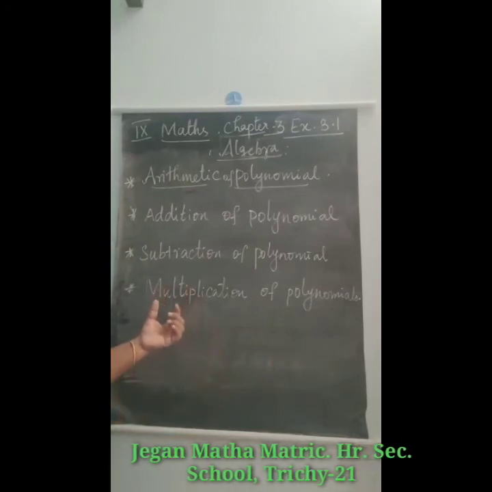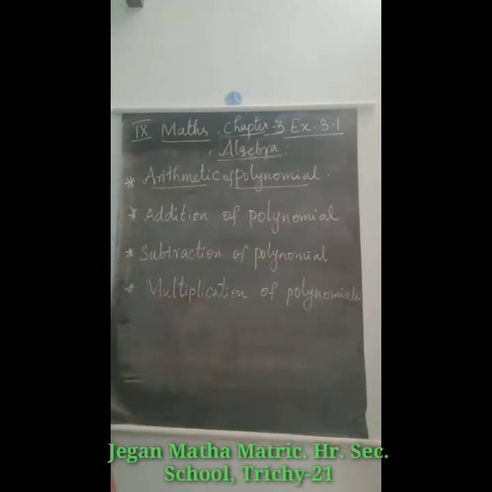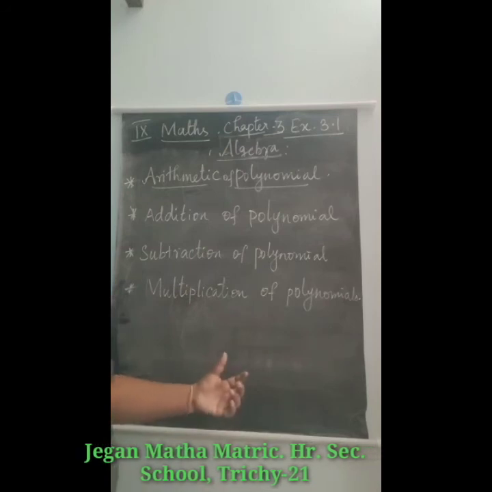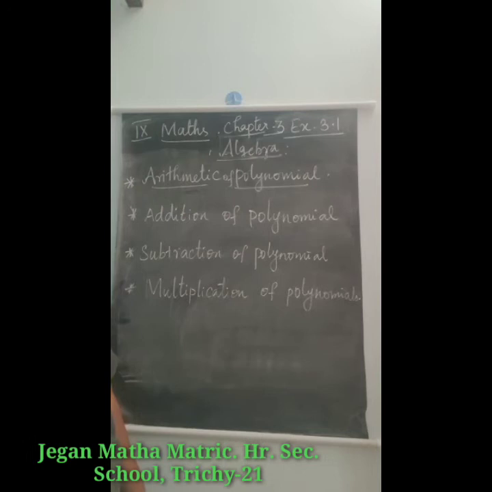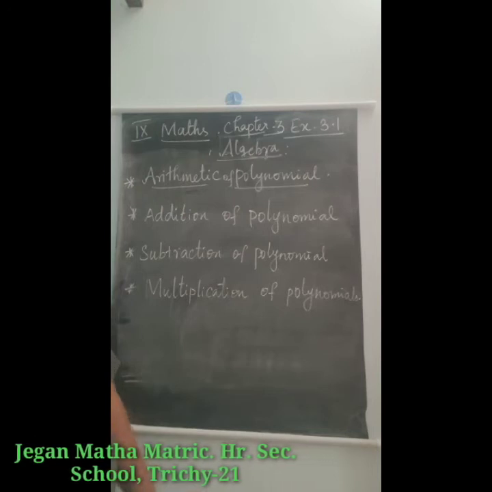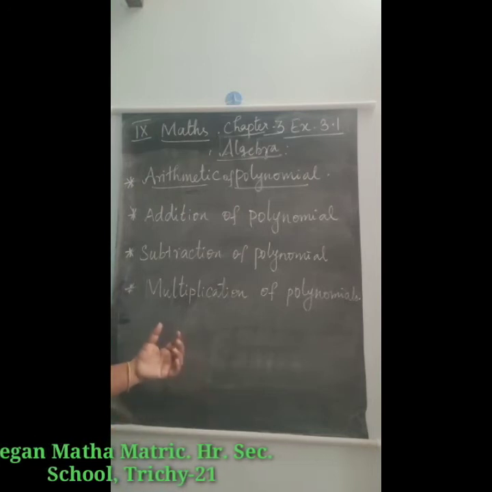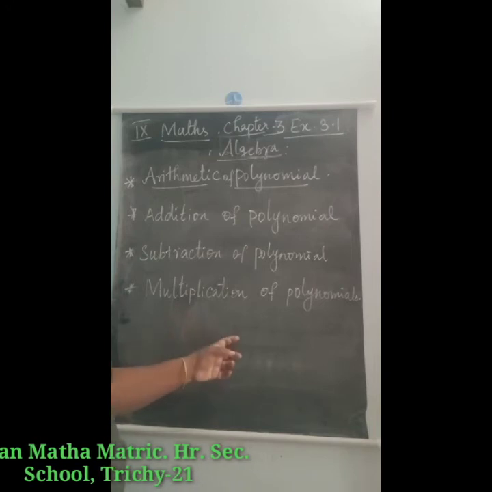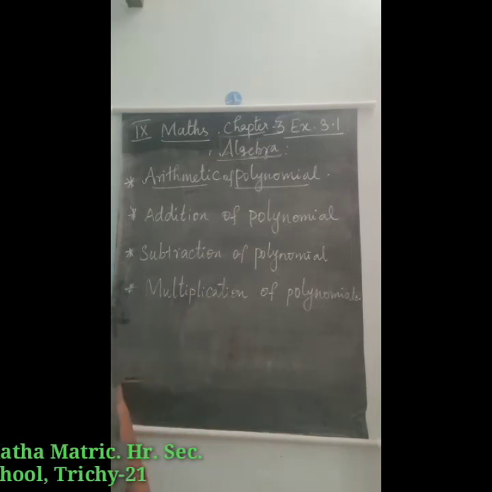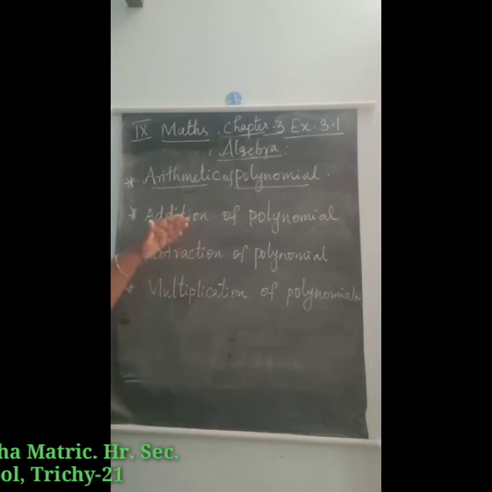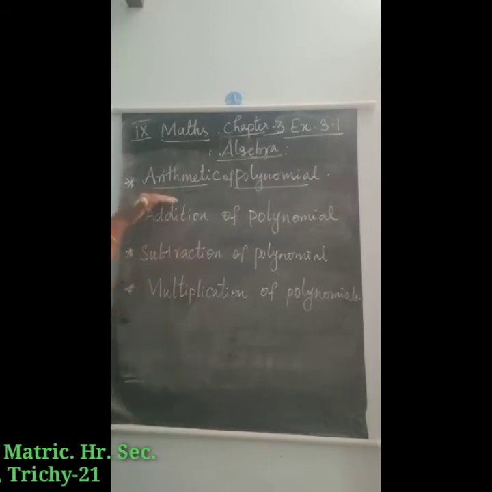Next one, multiplication of polynomial. Any 2 polynomials can be multiplied and the product will also be a polynomial. These are the types of arithmetic of polynomial.